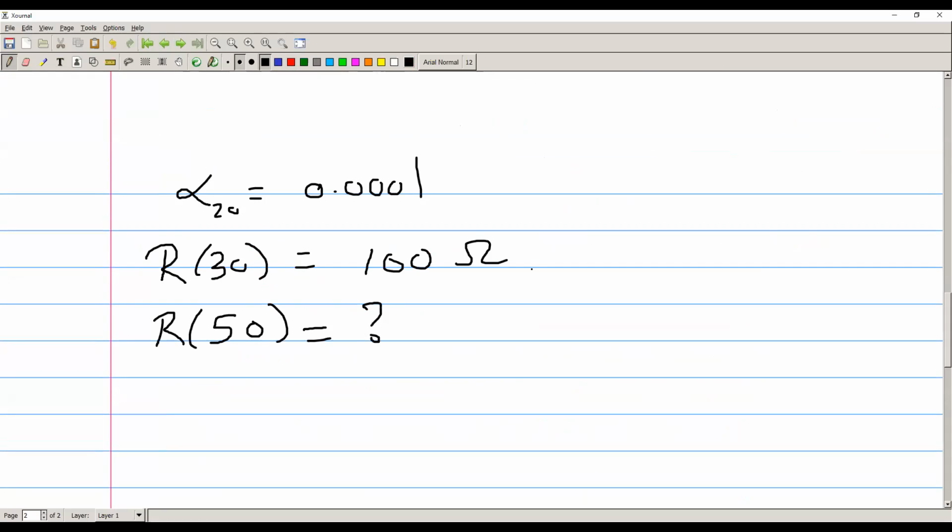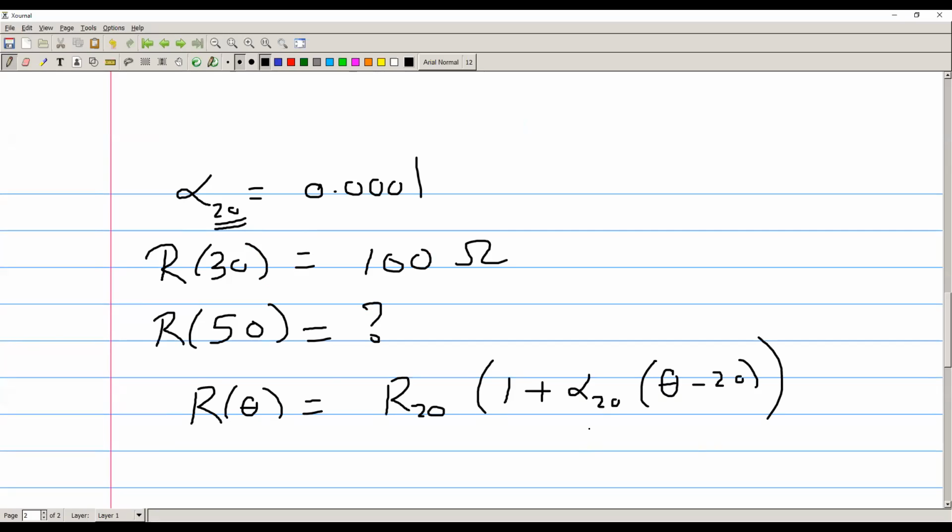First of all, you have to have everything referenced to R20. So the equation now will be: R in general at any temperature is equal to R20, not R0 this time, times 1 plus alpha 20 times theta minus 20. The changes are here and in the reference temperature.